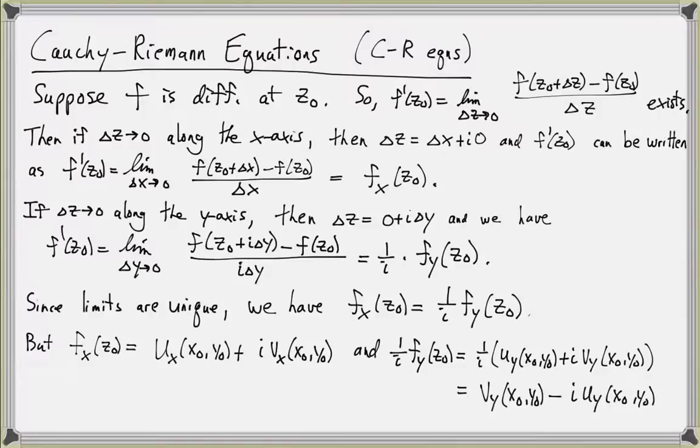And we see that these two expressions must be equal, and therefore their real and imaginary parts must be equal. So the real part of the derivative of f with respect to x is the derivative of u with respect to x, and that must equal the derivative of v with respect to y.